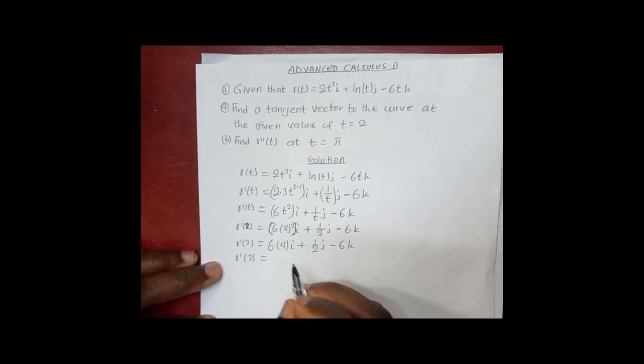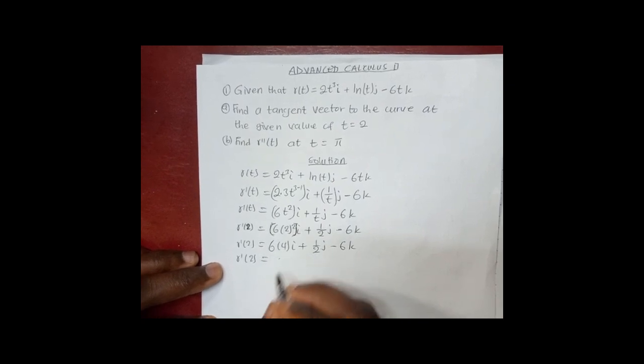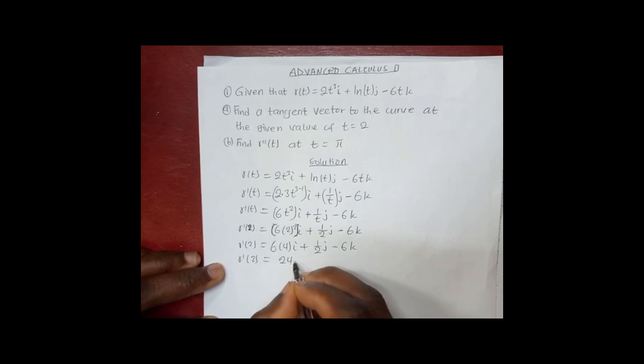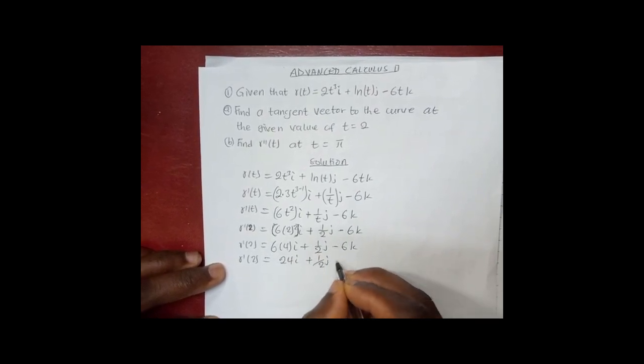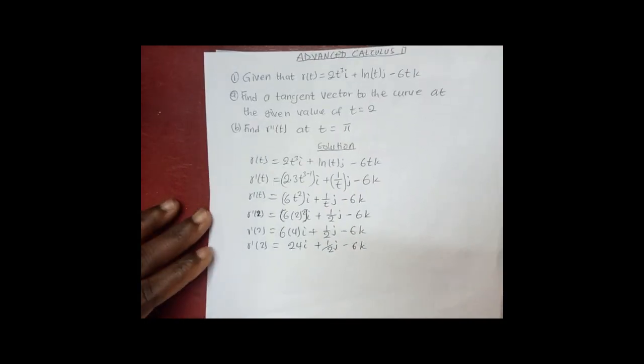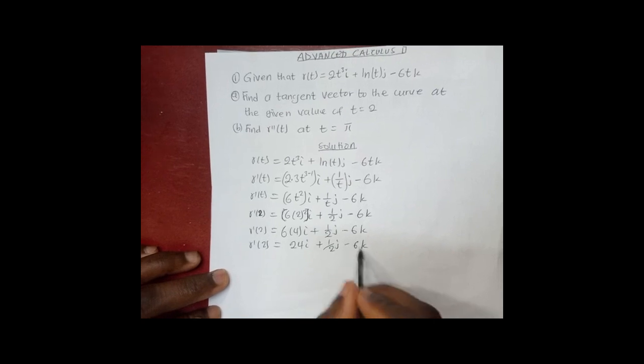So r prime of 2 equals 6 times 4, which gives us 24. So 24i plus 1 half j minus 6k.